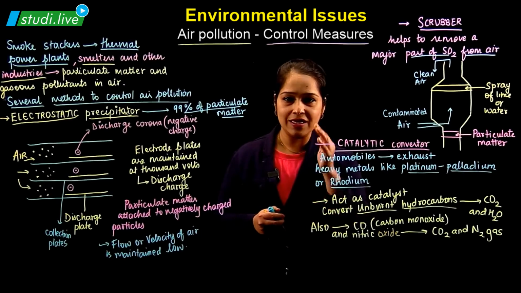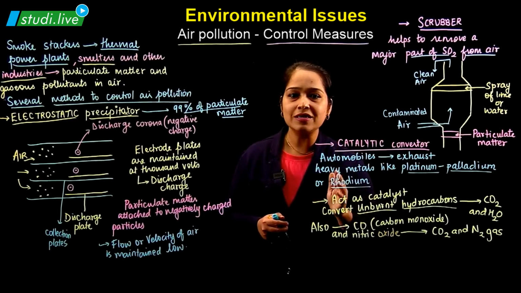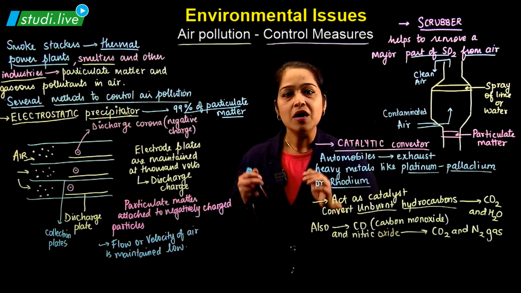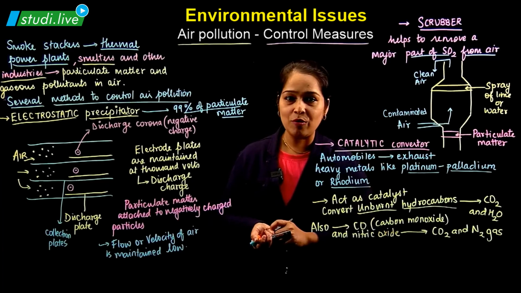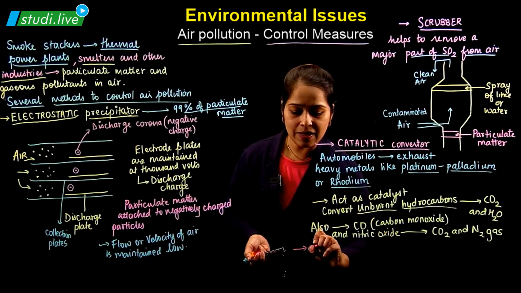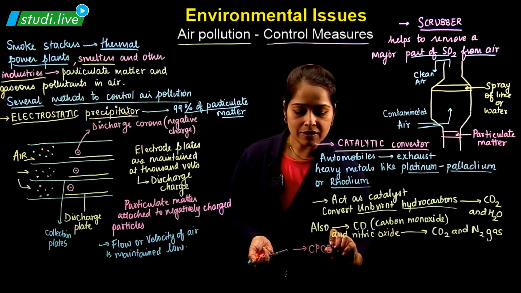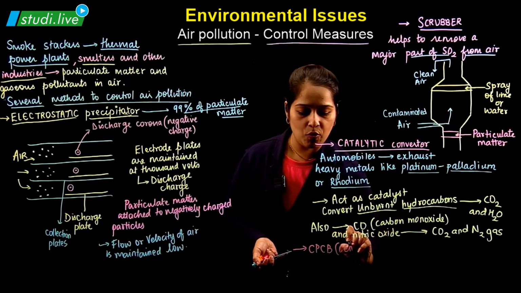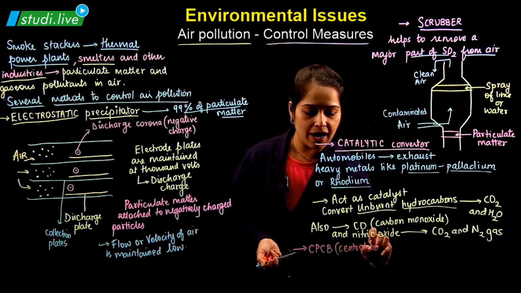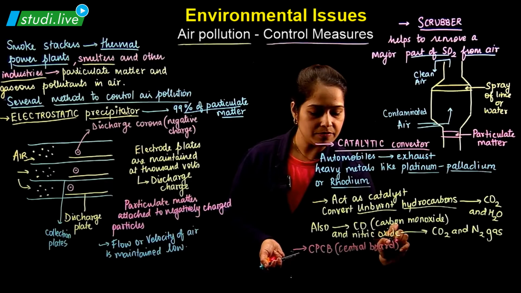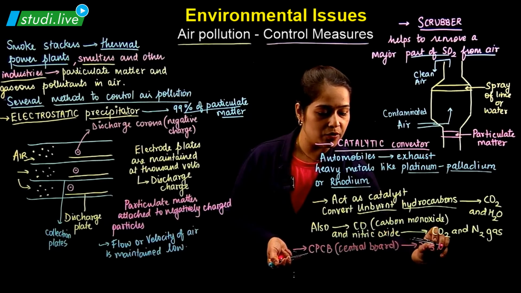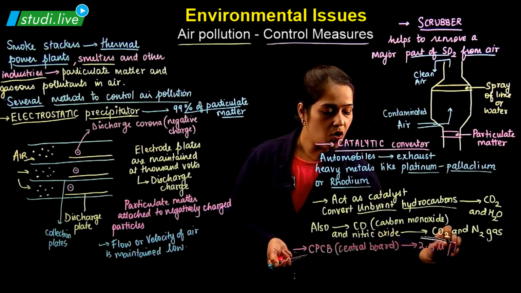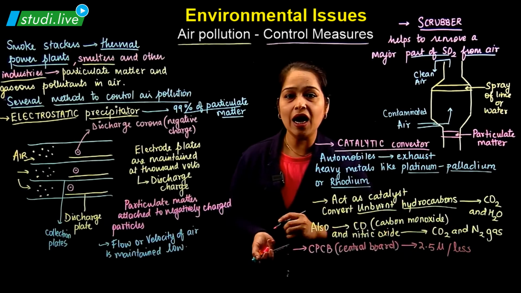So here we have seen the electrostatic precipitator, scrubber and catalytic converters. But according to CPCB, the Central Pollution Control Board, particulate matter of size 2.5 microns or less is very harmful.